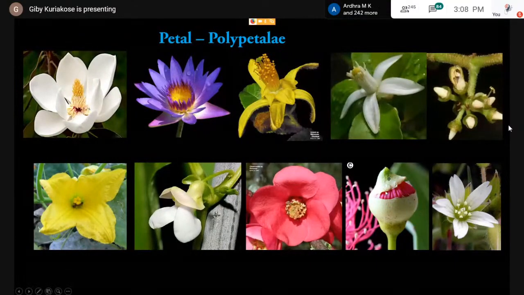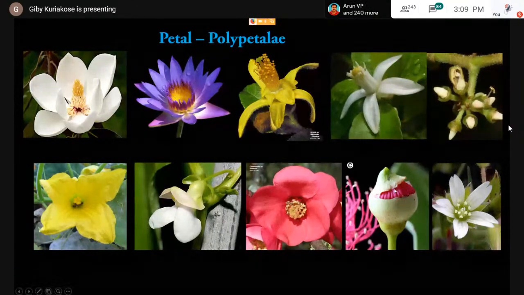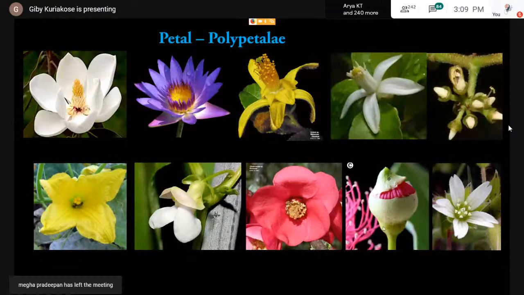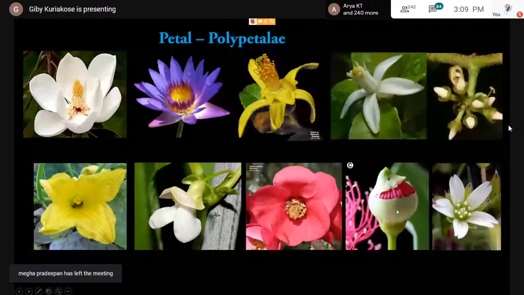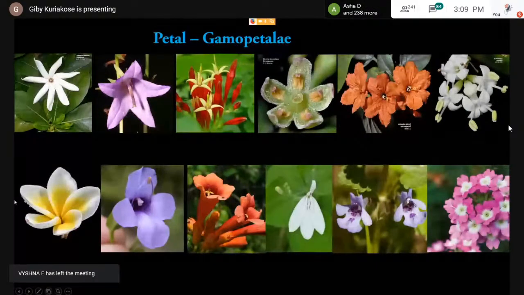The flowers are calyptrate. This may shed off once the flower opens, because the stamens push the cap-like structure and they may fall down. And the remaining part of the petal would stay back, but this would be mostly considered as sepals. Okay, then there are gamopetalous conditions, but I have placed this also as gamopetalous.